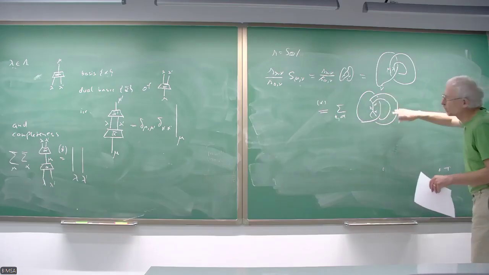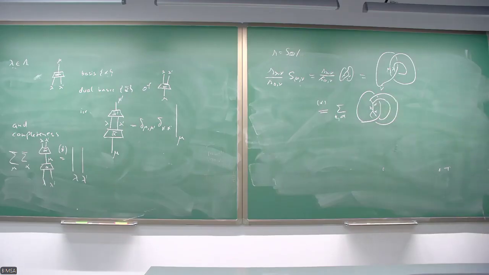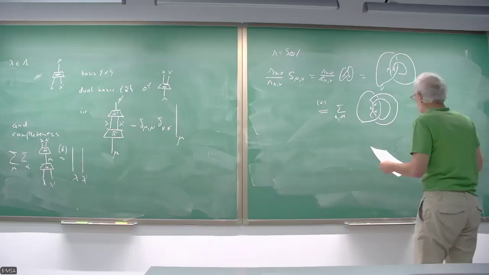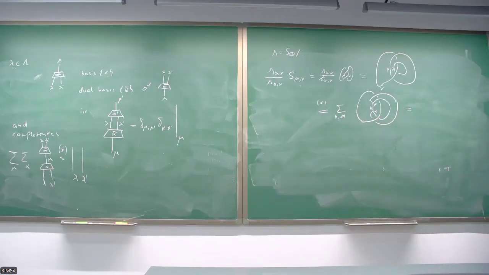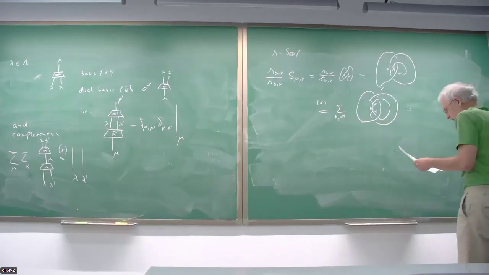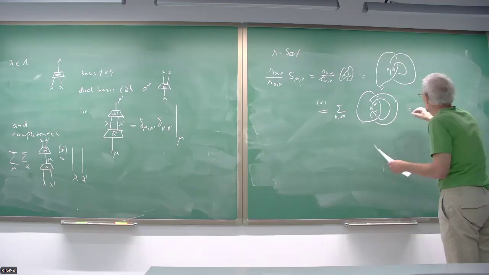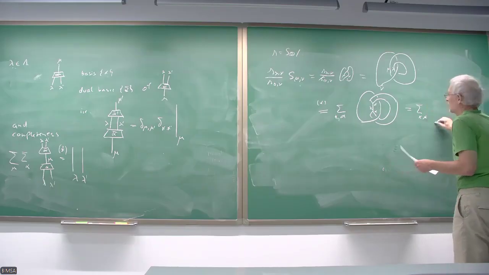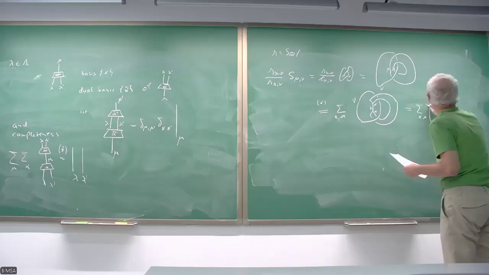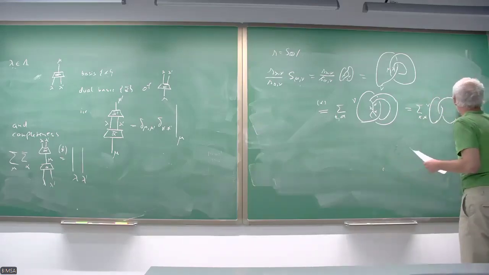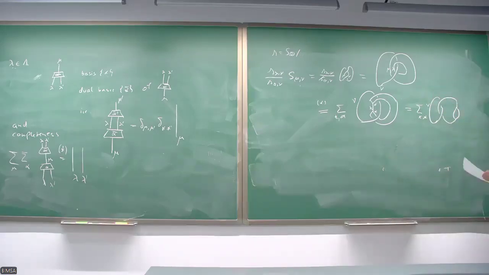Now I can deform this by using the rules for rigid duality and the fact that the braiding is natural, so we write this as this.